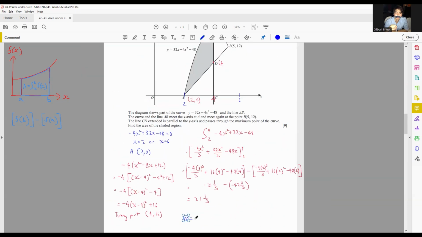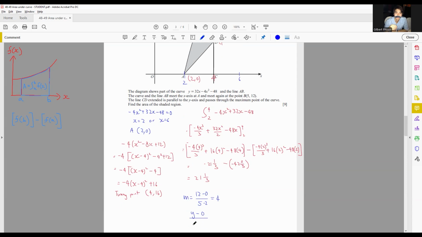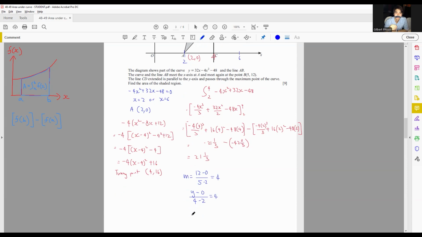The gradient is 12 minus 0 over 5 minus 2, which will give me a gradient of 12 over 3. This is 4. With the gradient being 4, then for the D coordinate, y minus 0 over 4 minus 2, this has got to be 4 as well. Therefore, the y-coordinate should be 4 times 2, which is 8. The coordinate of D should be 4, 8.